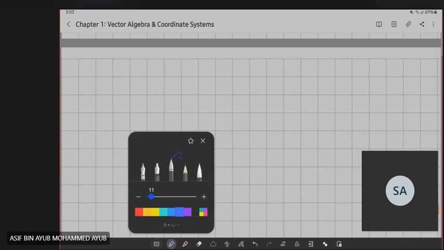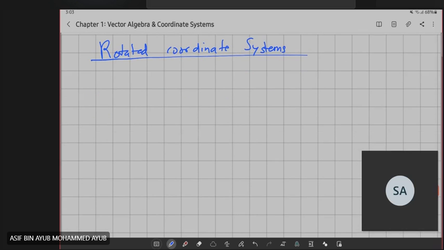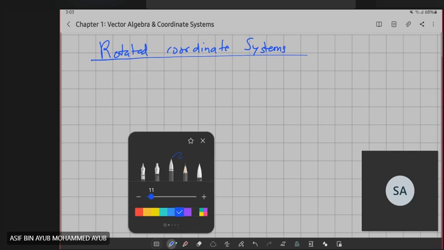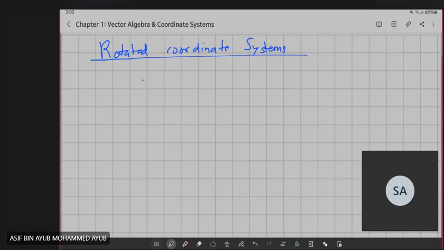So we'll start with rotated coordinate systems. Okay, so suppose I have some coordinate system x and y.